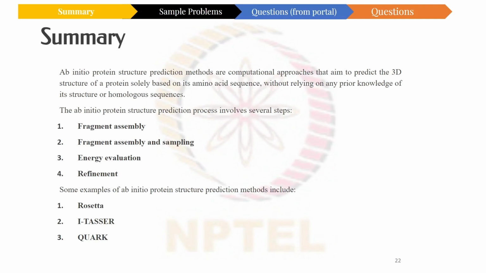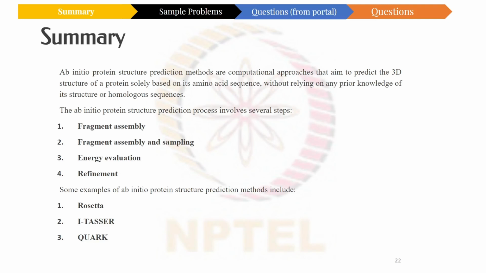The ab initio protein structure prediction involves several steps. The first step is to generate a large number of short protein fragments, typically 3 to 9 residues in length, that represent the possible building blocks of the protein structure. The next step is to assemble these fragments into a 3D conformation of a protein.